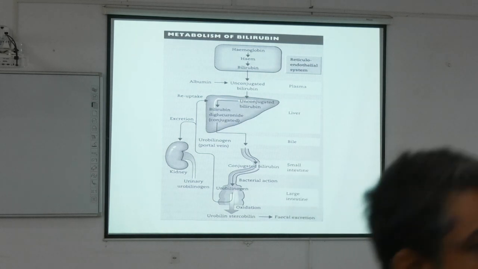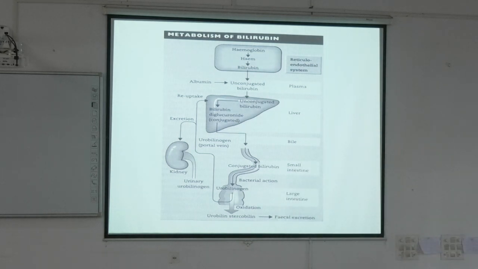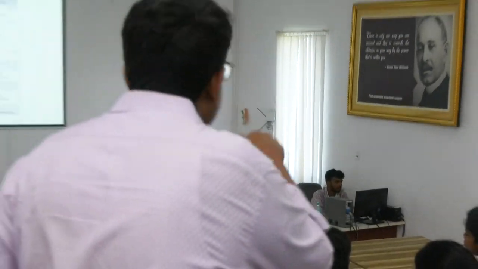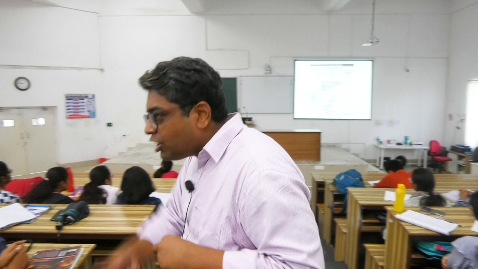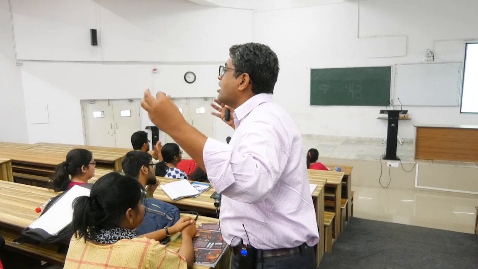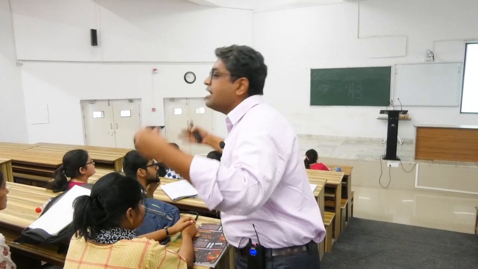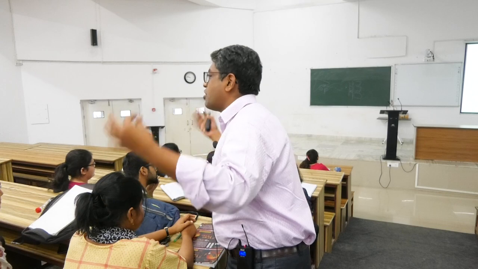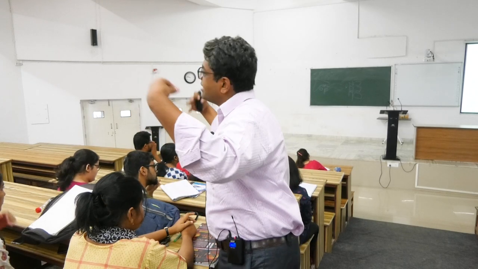When the function of this bile salt is done, they will again be reabsorbed in the liver. And this going around, this chakkar of urobilinogen and bile salts, is basically your enterohepatic circulation, which comes as a short note for 3 marks in your university examination.